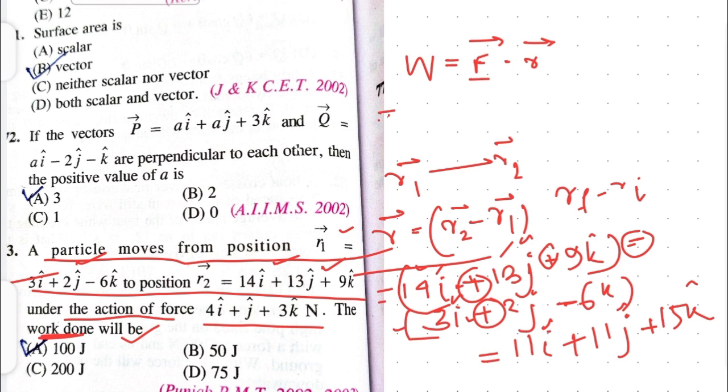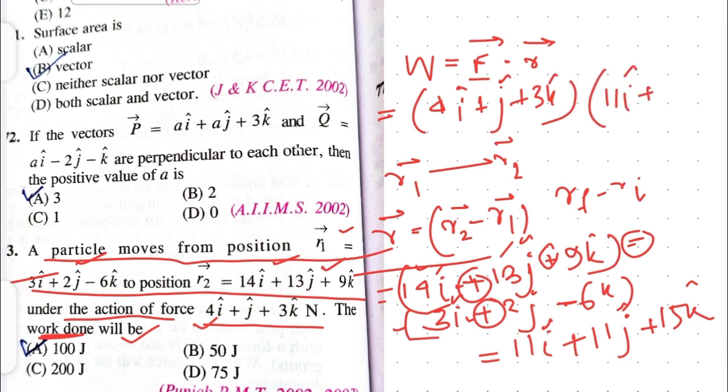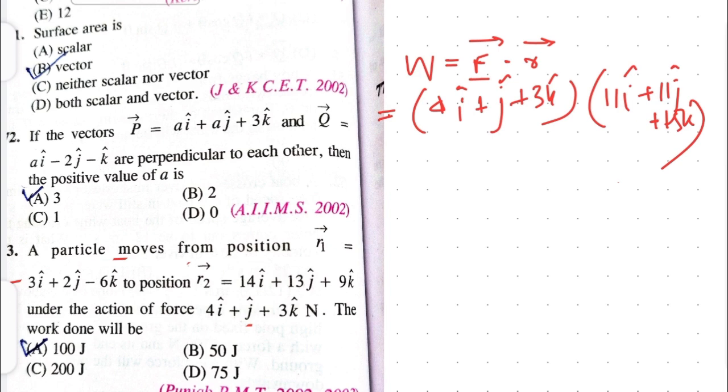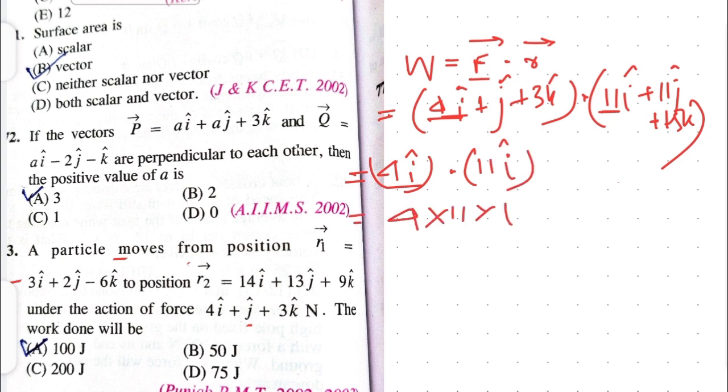Okay, so here F vector is what? 4i cap, j cap, 3k cap, and r vector is 11i plus 11j plus 15k. Okay, so just simply perform the dot product, that is 4i dot 11i, which means 4 into 11 into i square, right?